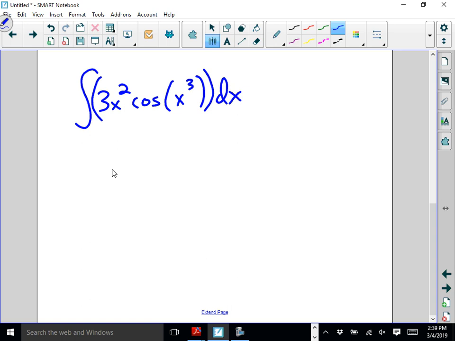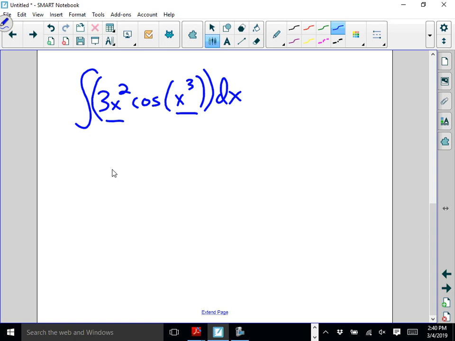What I see when I look at this antiderivative is that it has an x cubed in it, and I also see this 3x squared showing up. So I'm going to identify my u as x cubed.